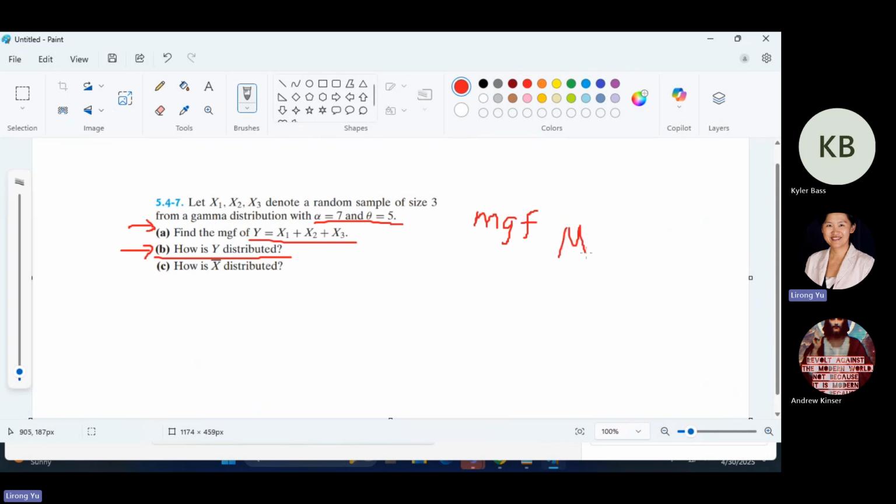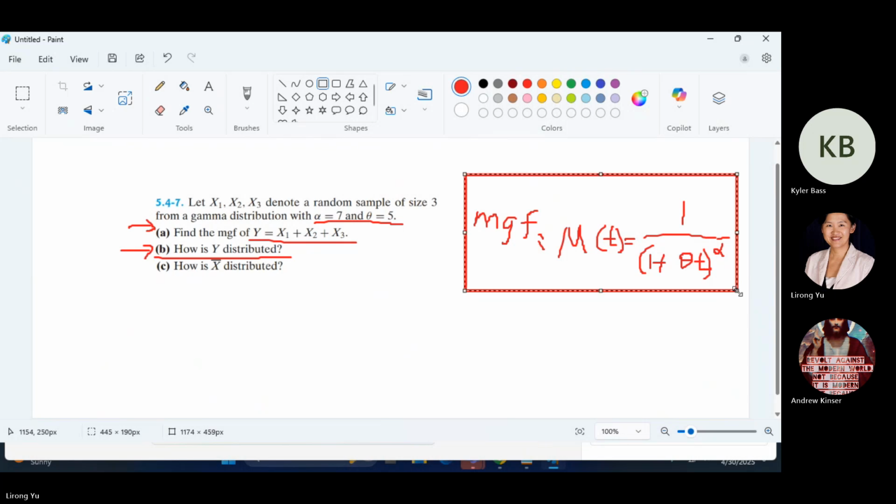M(t) is equal to 1 over (1 plus theta t) to the power alpha. Any question? Okay, so that was back in the moment generating function, section 3.2, right?